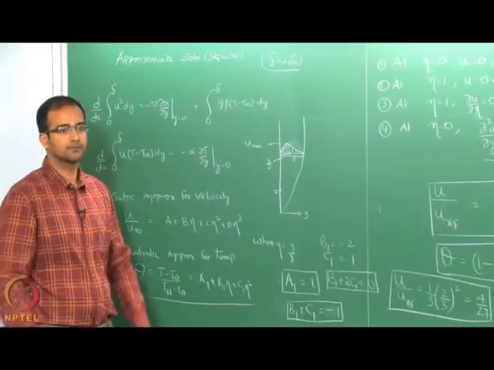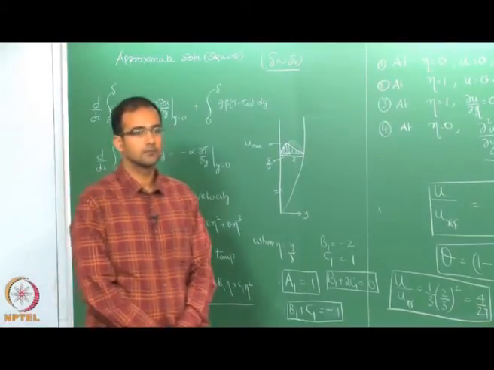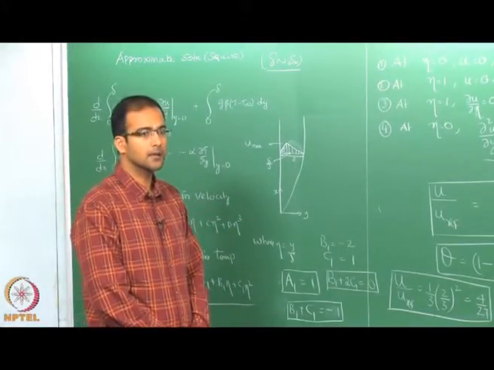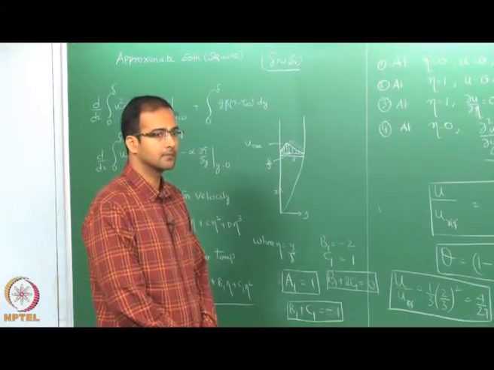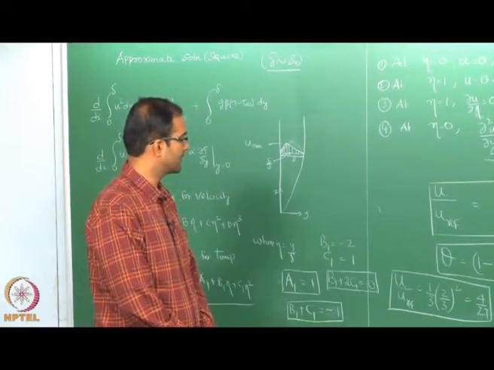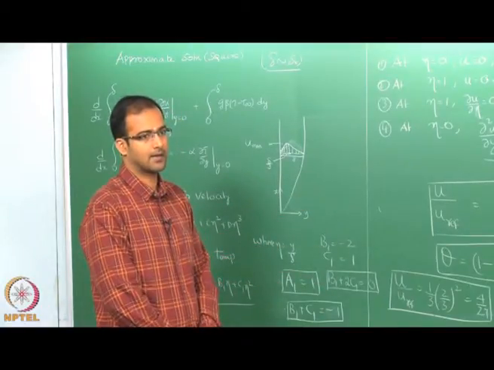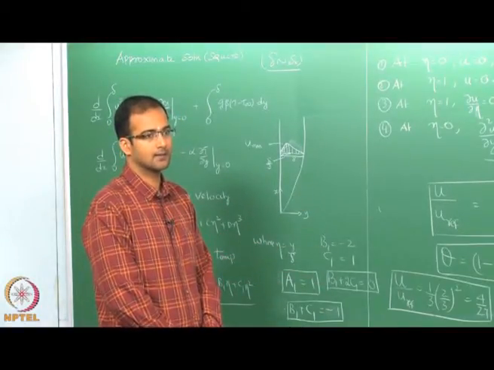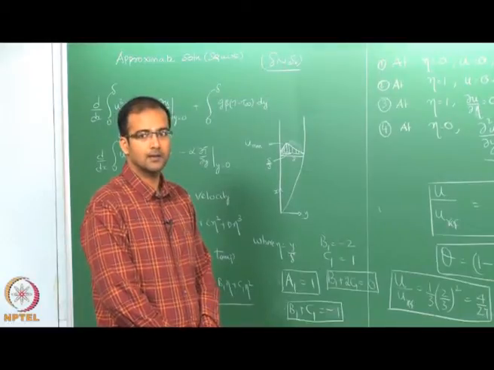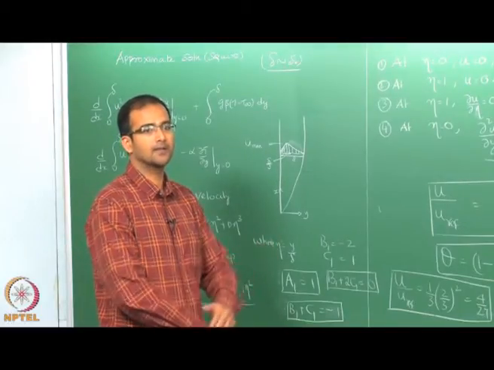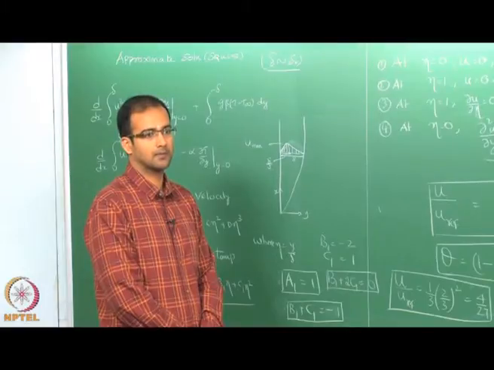Why can't we take u by u reference equal to 1 and maximum? Well, we do not know what this reference is; in the beginning it could be anything. Now from the profile you are getting the exact value of the maxima.